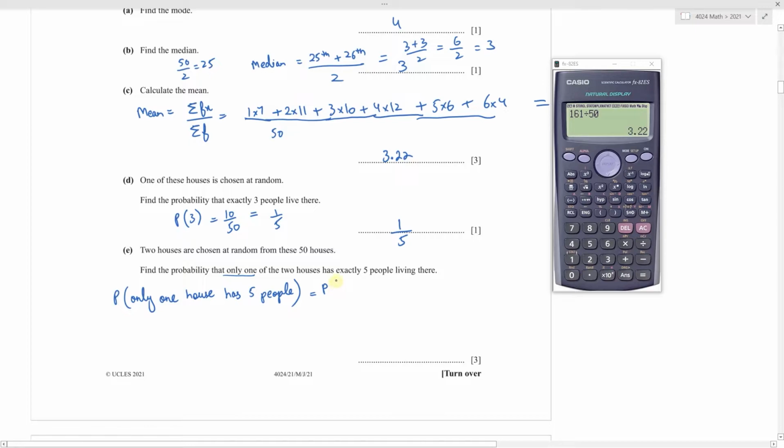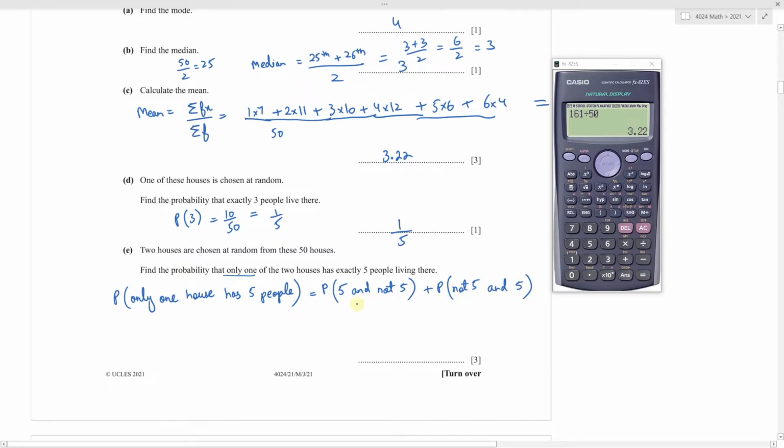Let's say your first house that you choose has 5 people, and the other house that you choose does not have 5 people. So the probability that you pick a house that has 5 people and the other one that you pick has not 5 people, or it could be the other way around as well. The first house you choose does not have 5 people, and the second house you choose has 5 people.